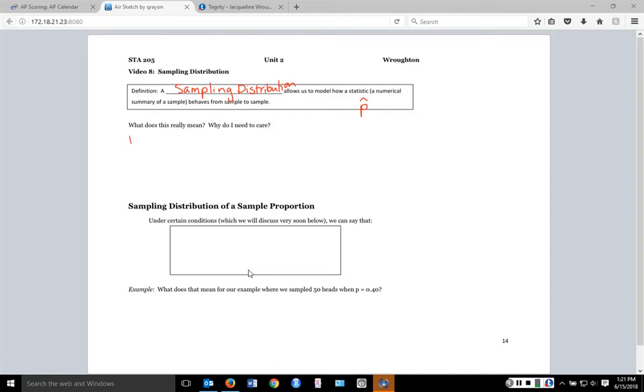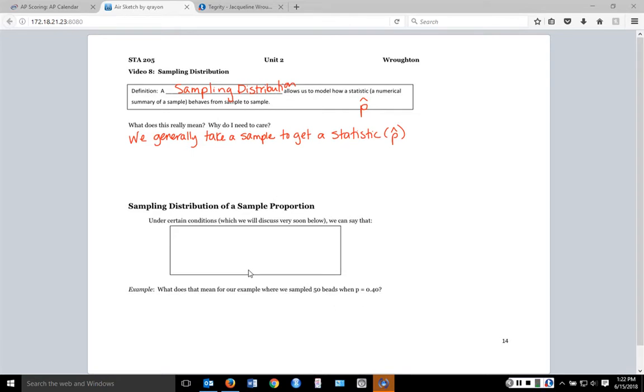So we generally take a sample to get a statistic, and so for our example, again, our statistic was p hat. So I took a sample to estimate what percentage of all the beads were black. So that was my goal there.